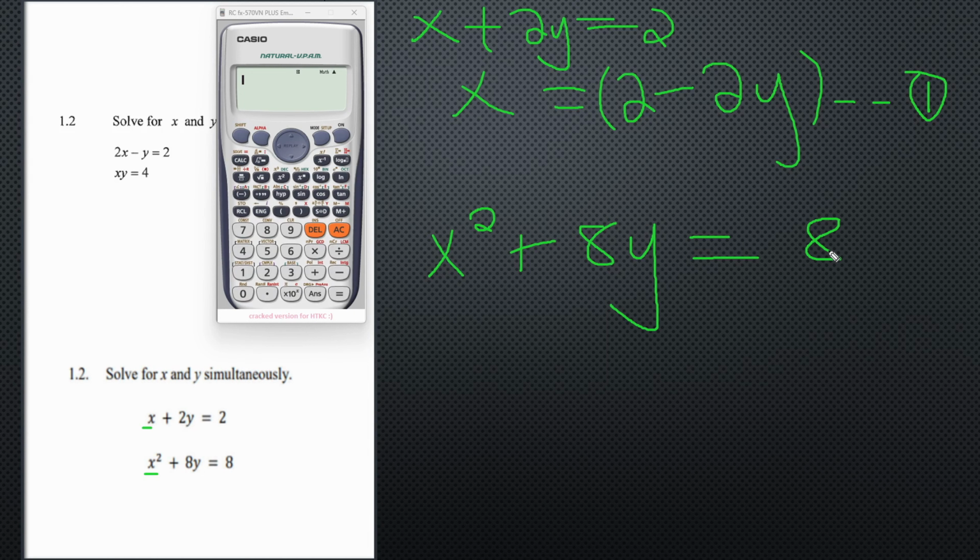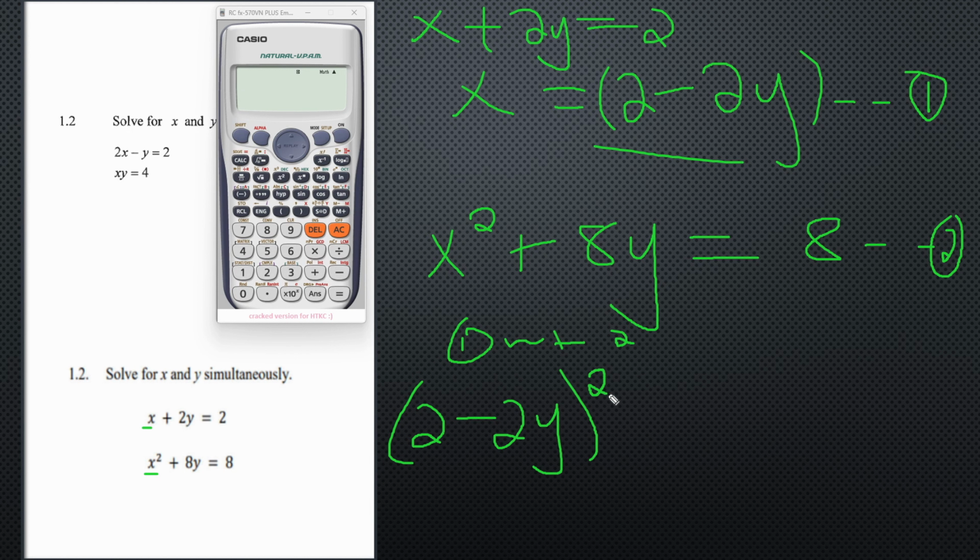And then the other one is x squared plus 8y, which is equal to 8, right? So with this, it means that we can substitute equation 1 into 2. So that means that we are going to say x squared, not just x squared, sorry, we are going to substitute this, which is 2 minus 2y, squared, plus 8y, which is maybe equal to 0 if we take this to the other side.